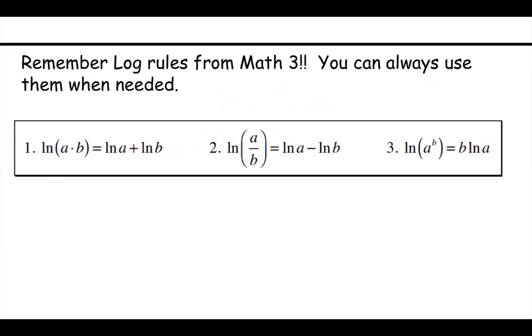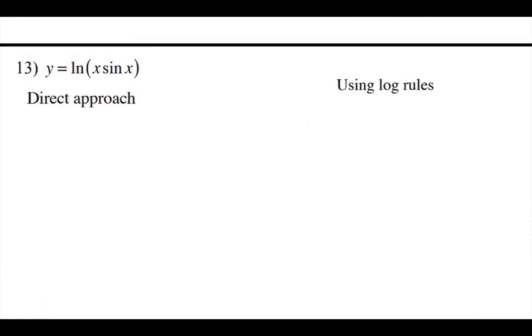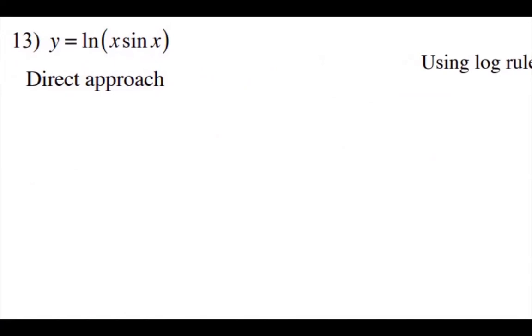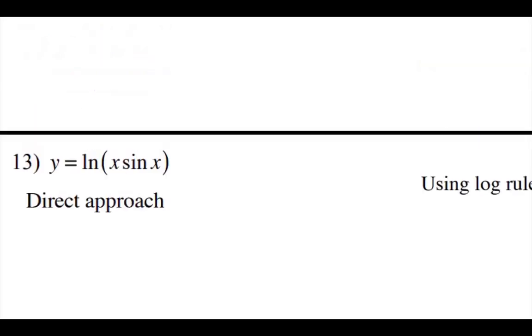Okay, so let's look at this guy here. The one right after number 13, even though I don't think it's number 13. Okay, so it's a natural log of something. So we're going to use the natural log rules, right? Anytime we have a natural log of anything, we take the derivative of that, put it on top.